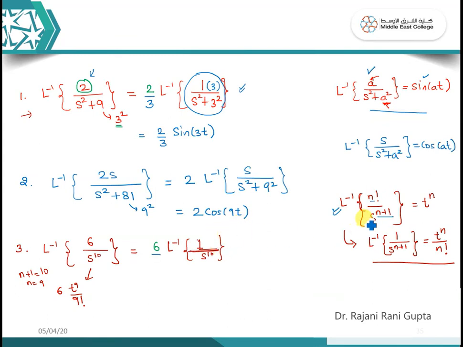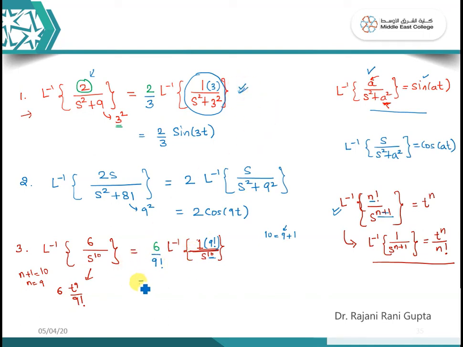So to apply this rule, if it is n plus 1 here, we need n factorial. So if it is 10, 10 we can write as 9 plus 1. So we need 9 factorial here. So we multiply by 9 factorial and divide by 9 factorial as we did in this example.